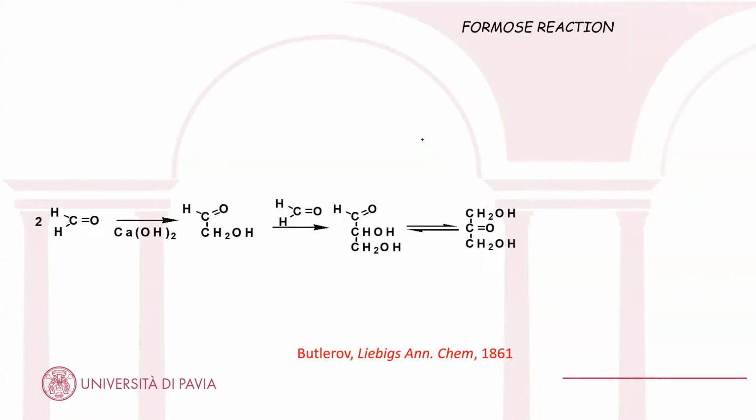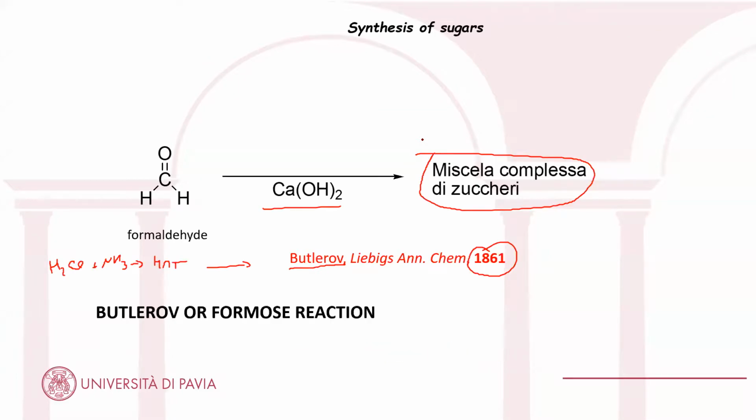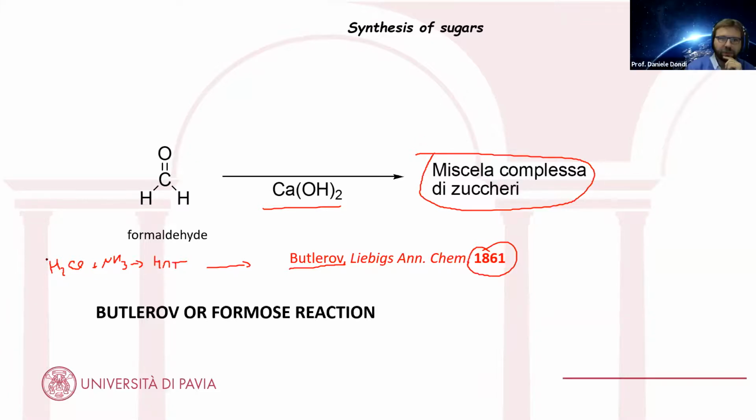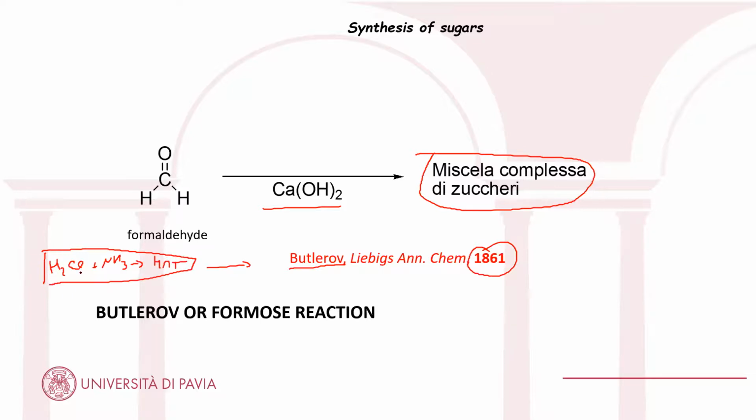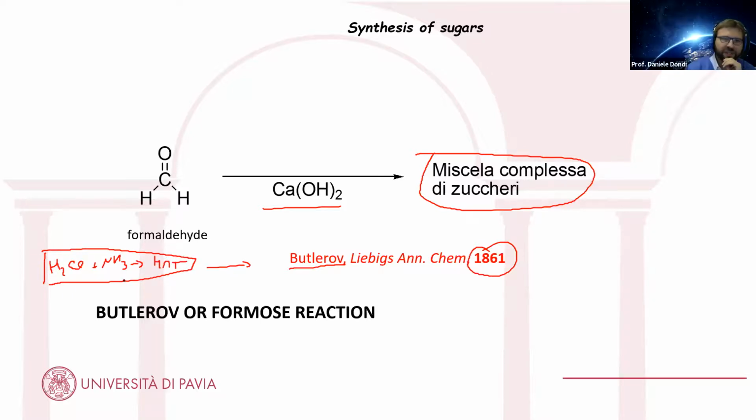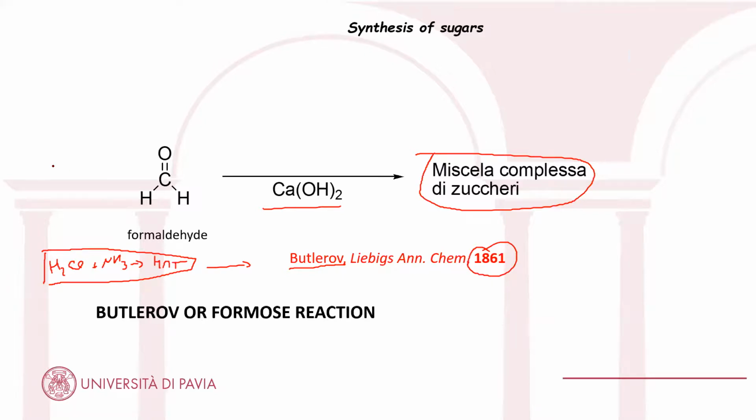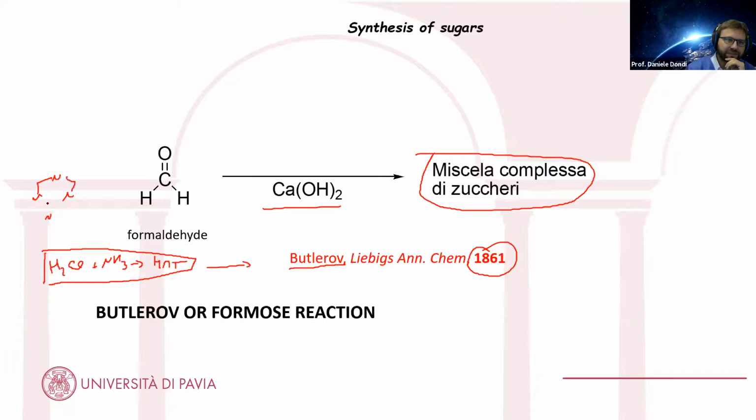But sorry, Professor. Yeah, sure. Is formaldehyde plus NH3 HMT? Yes. If you take formaldehyde plus ammonia, you produce hexamethylene tetramine. And what is it, sorry? Hexamethylene tetramine is a compound like this. I'm not able to draw this.